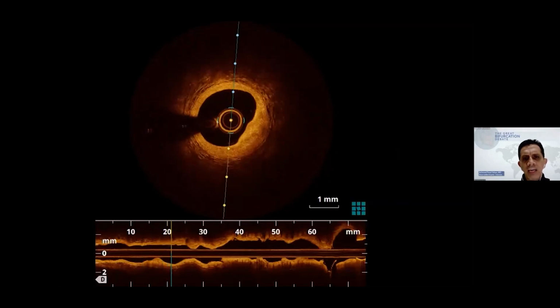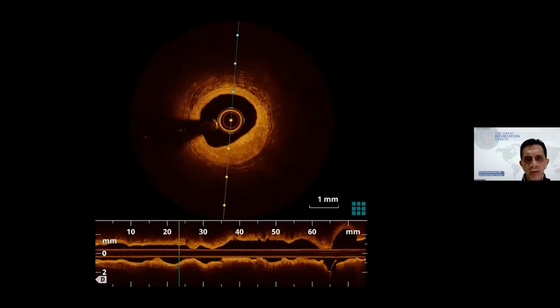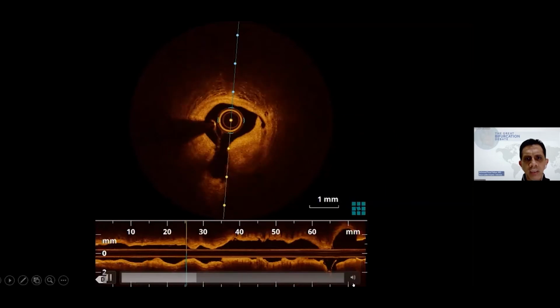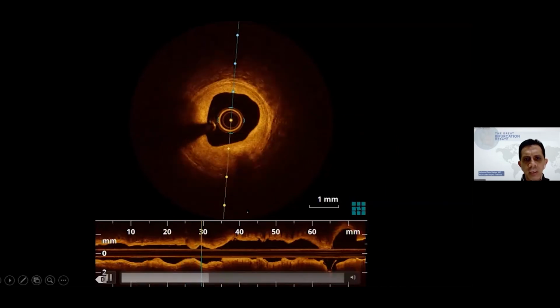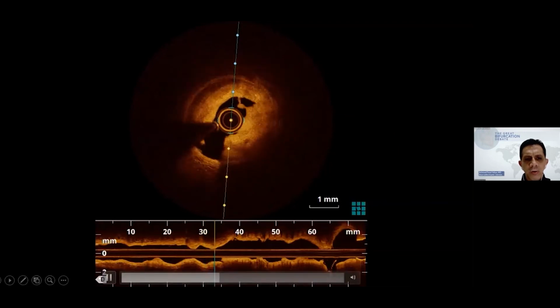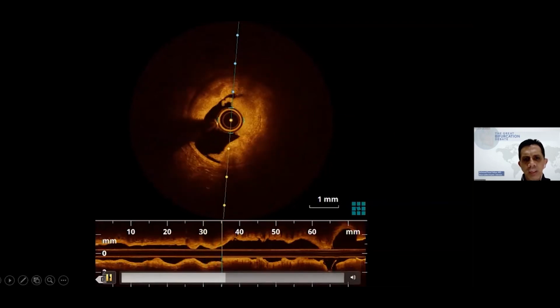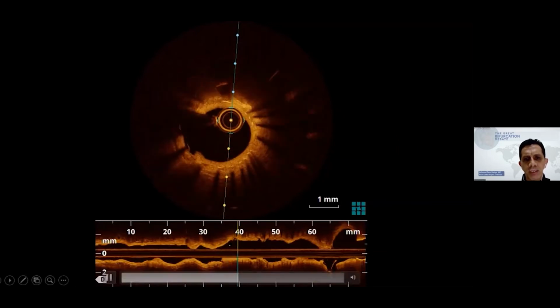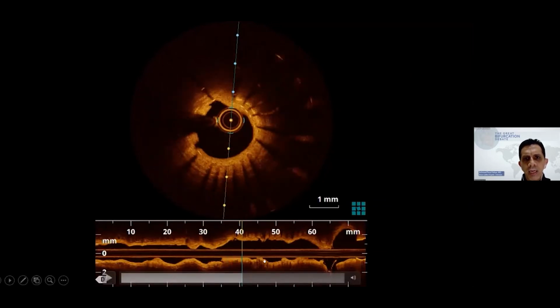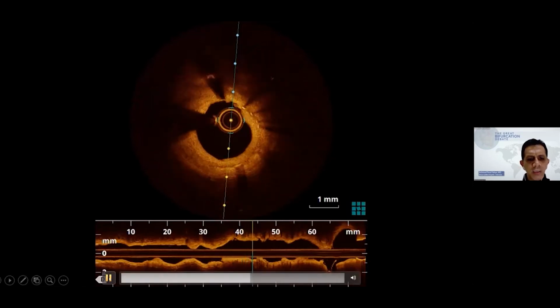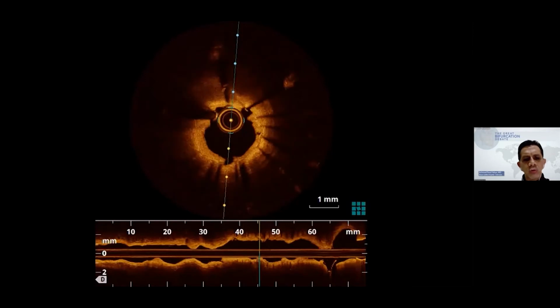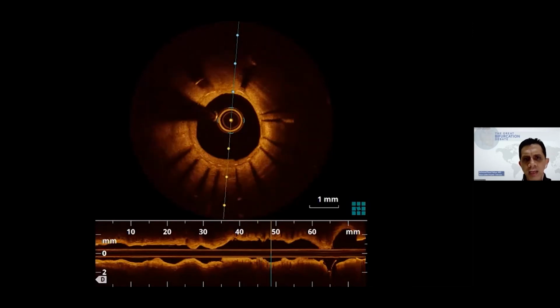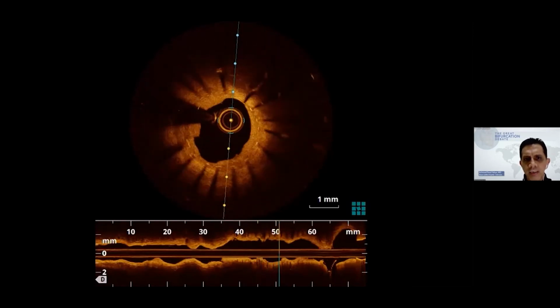Coming to the stented segment, there is some dissection because of predilatation. So it's possible that the previous stent landed at a huge plaque burden and the stent was not well expanded. There is fibrotic tissue growth, and there are some unapposed struts.